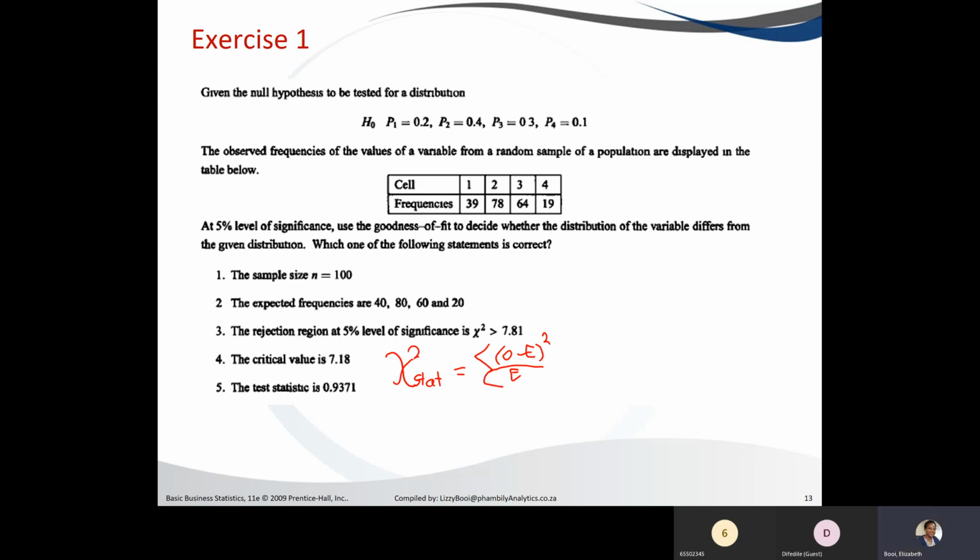We know what our expected values are, we calculated them. We know what our observed values are.